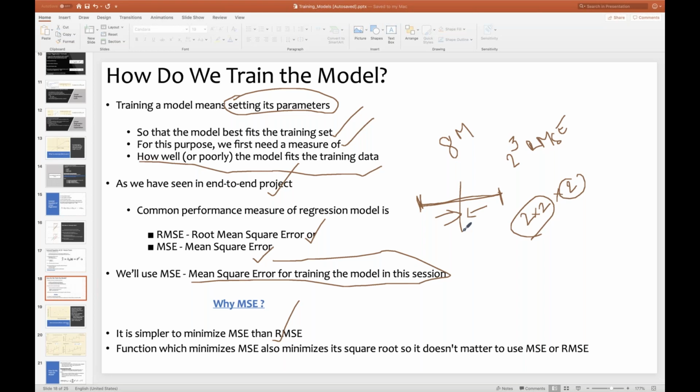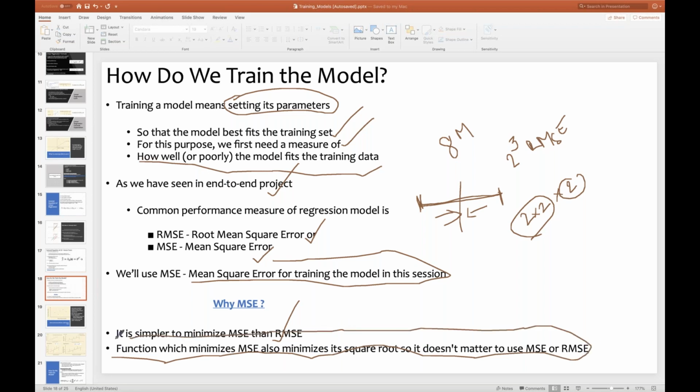How do you measure the errors? Using MSE or RMSE. MSE is mean square error and RMSE is root mean square error. Super. Now, why are we using MSE here? We are using MSE because it is simpler to minimize an MSE than an RMSE. The function which minimizes MSE also minimizes its square root, so it doesn't matter to use MSE or RMSE.